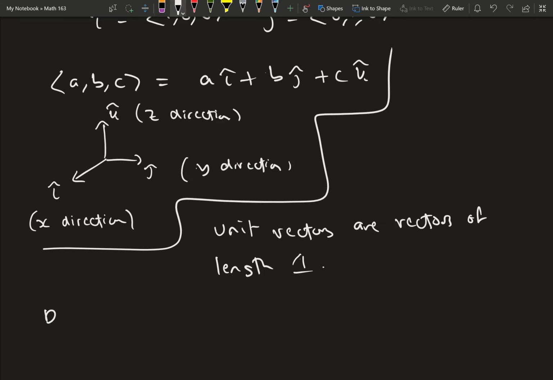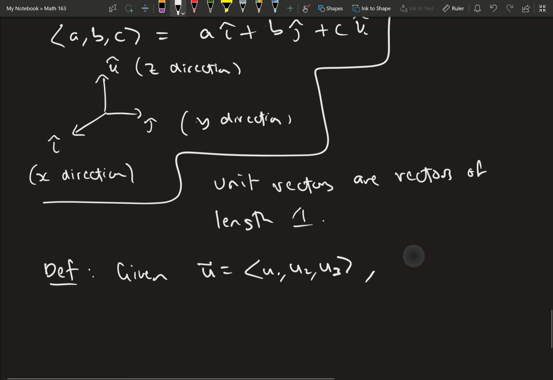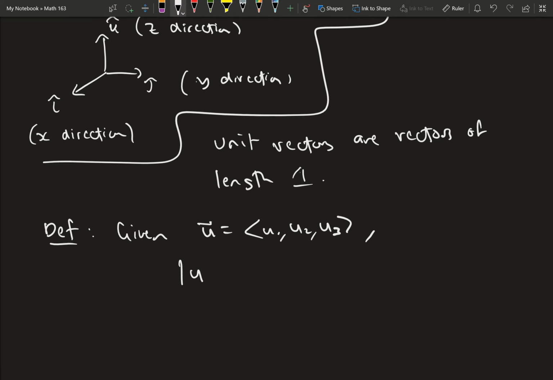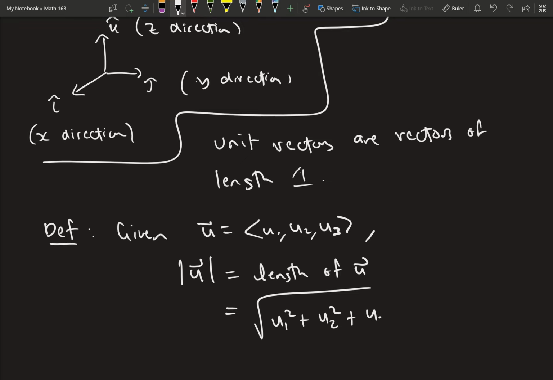We need to define, or well, it's not really a definition, it derives from the distance formula. Given a vector, say u equals ⟨u1, u2, u3⟩, the length of u is denoted by this absolute value. This is the length of u, and it equals the square root of u1 squared plus u2 squared plus u3 squared.